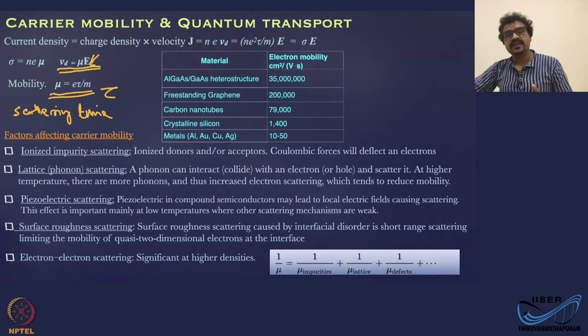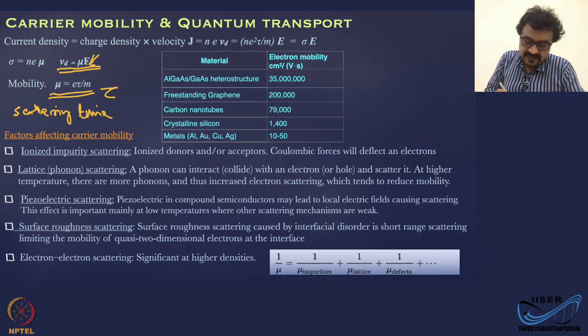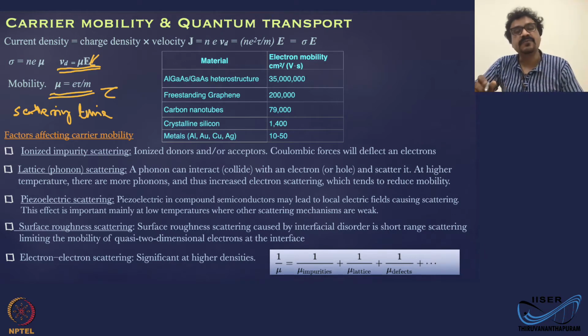They are basically controlled by many of these scattering events. For example, there are various scattering mechanisms which affect the mobility. Here I have listed most of the common ones.